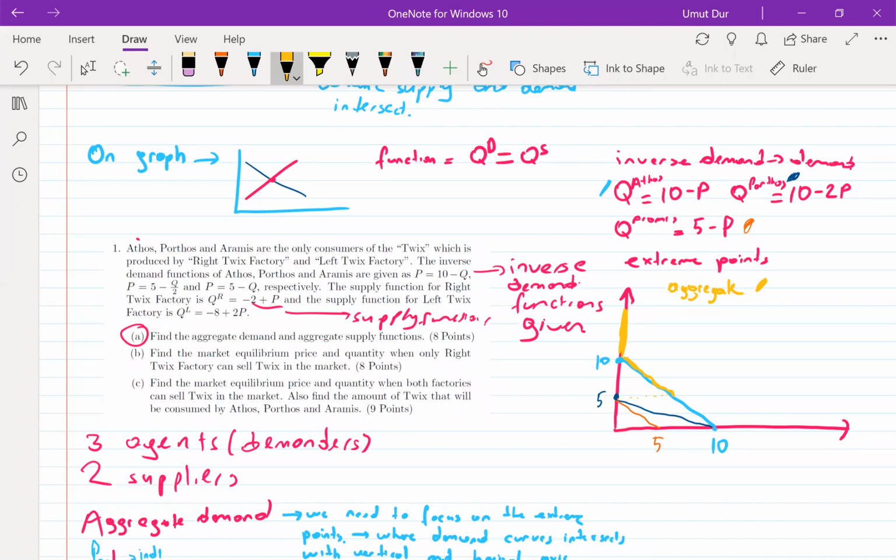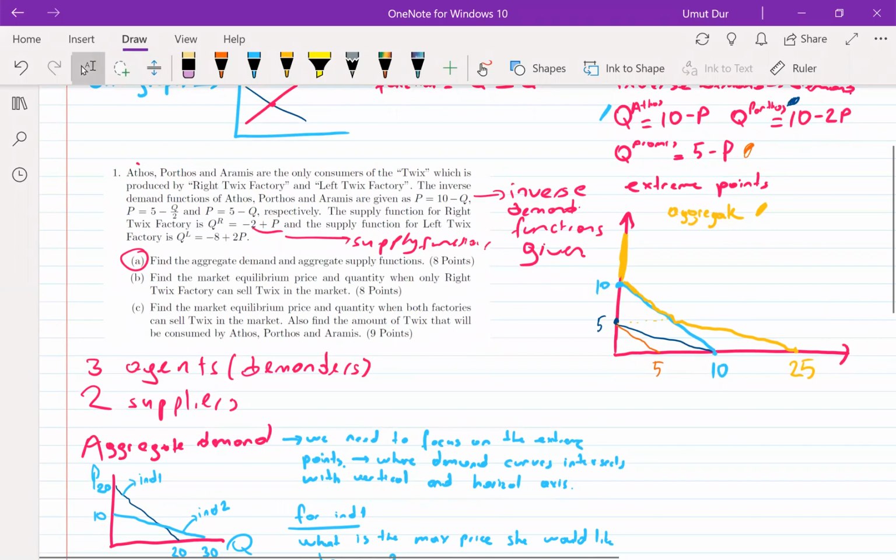After that, everybody starts demanding, and the maximum amount of demand will be 25: 10 from Athos, 10 from Porthos, and 5 from Aramis. So this will be the aggregate demand curve.